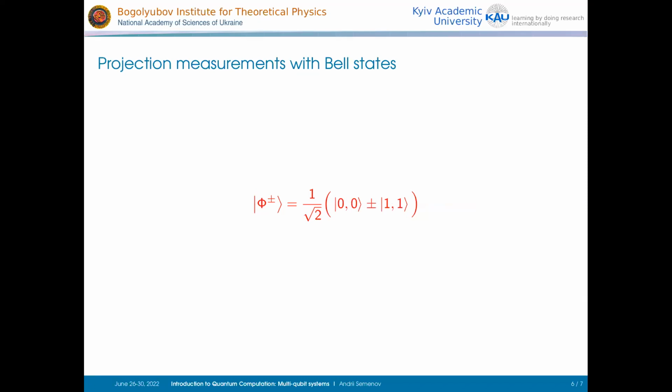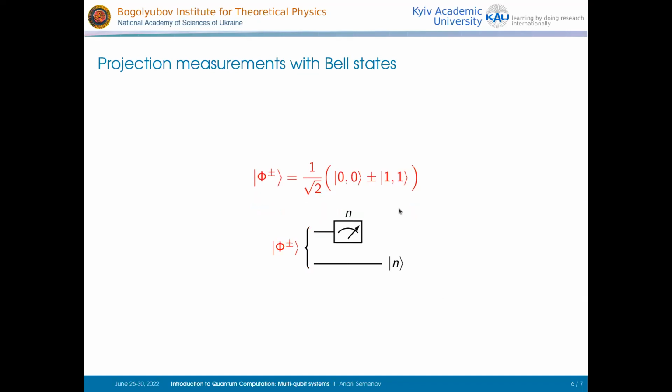Let's consider some toy examples, and we will try to understand something more about these states. For example, we have the state phi plus, with the two terms 0, 0 and 1, 1. What I would like to do now is measure the first qubit.